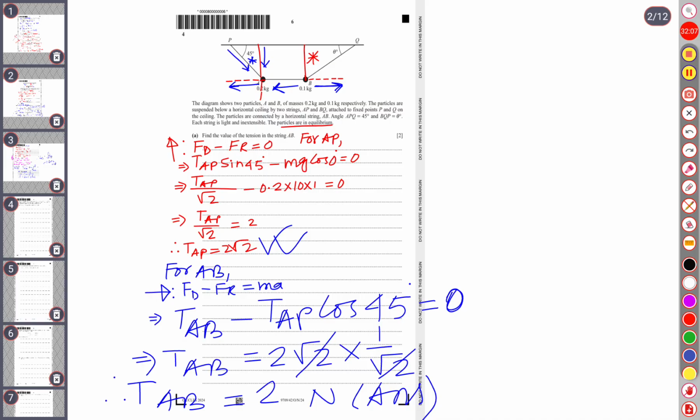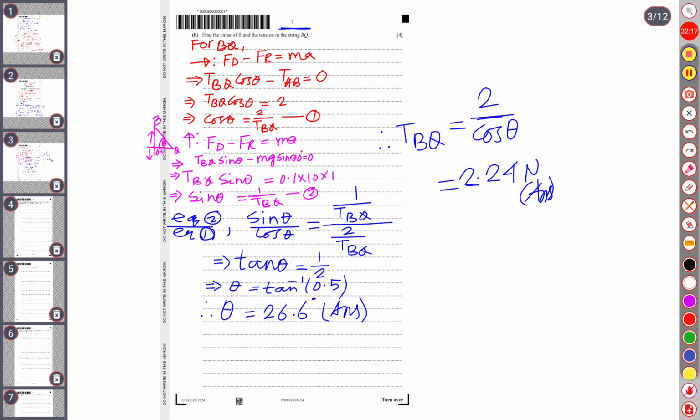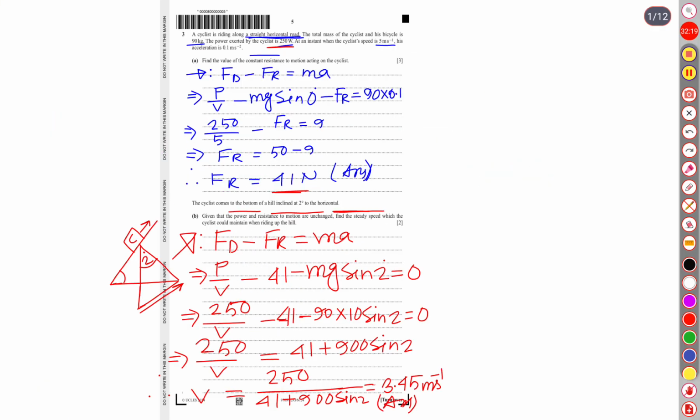And the tension in the string BQ was 2.24 Newton. And let me show the first question, I mean, question number 3. Question number 3 was very similar. Also, we have used the concept of the motion law of Newton.